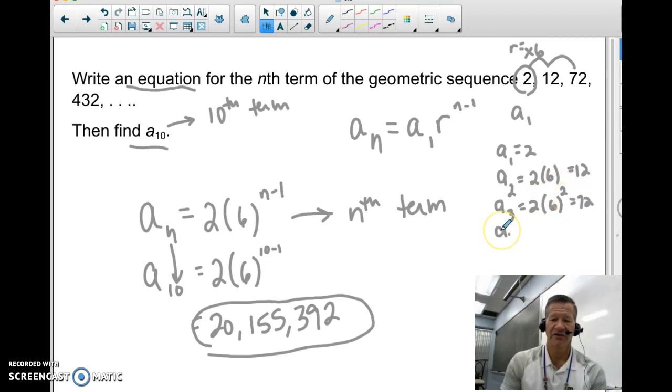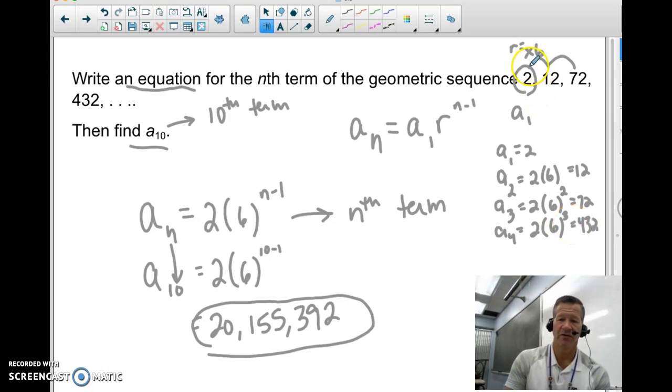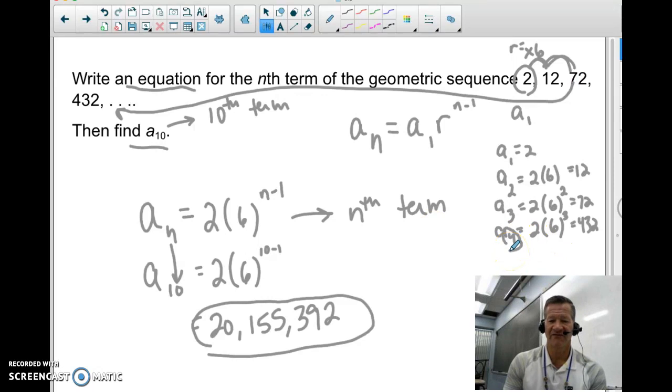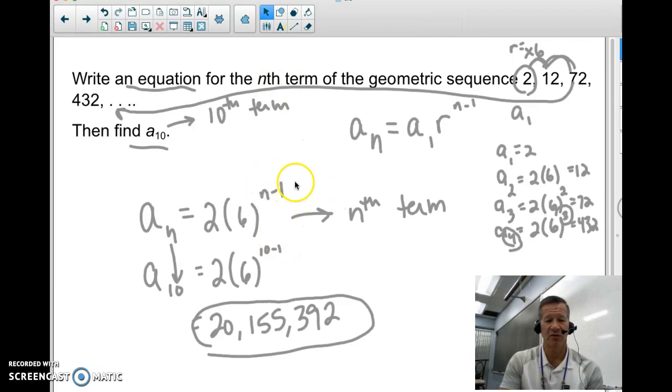To get the fourth term, you start with 2 and you multiply by 6 3 times to get 432. So notice I only went not once, not twice, but all the way to 3 times to get 432. So whatever term you're finding, if I'm finding the fourth term, the exponent that I'm raising 6 to is always 1 less. So by the time I get to the 10th term, I'm raising it to the 9th power. So hopefully that'll help you to remember why it's n minus 1 and not just n. Good luck.